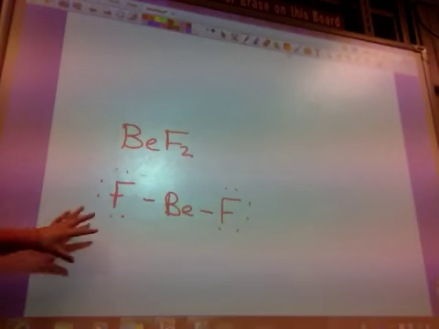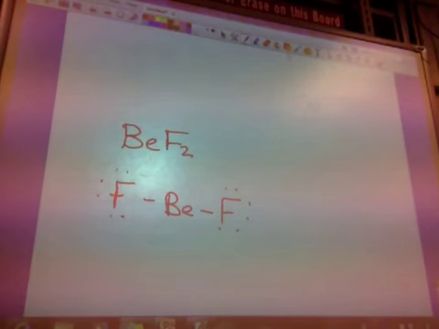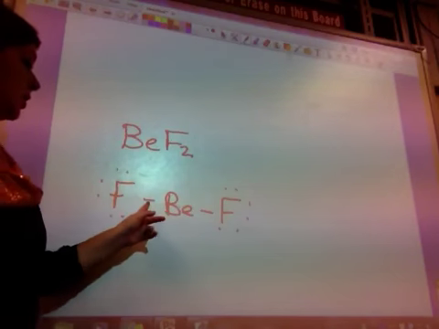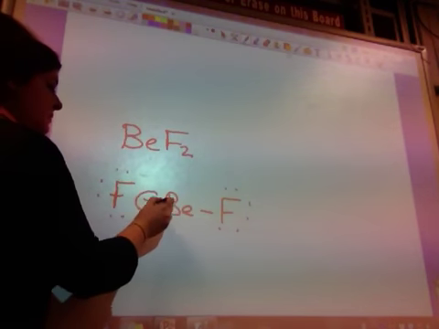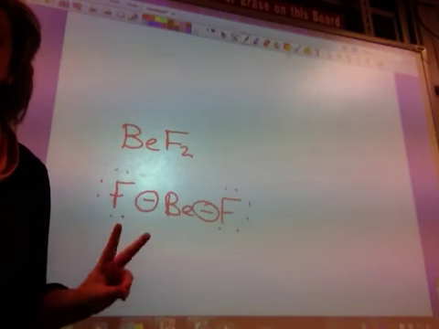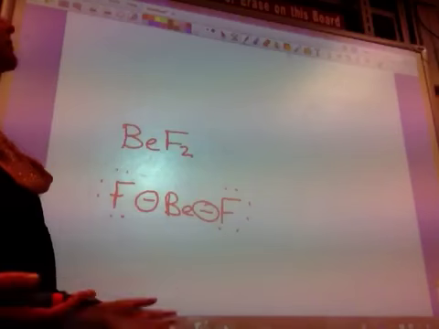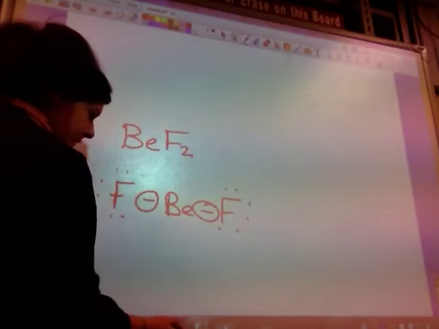Okay, so here would be a really good example of a linear type of electron domain geometry. I have 2 electron domains around that central atom. So then that means since I have 2 electron domains, the electron domain geometry is linear. And it looks linear, right? So that's just a good example.